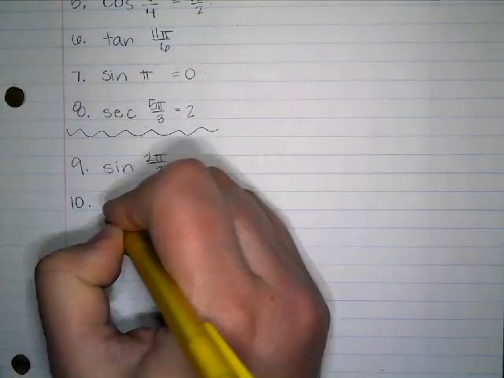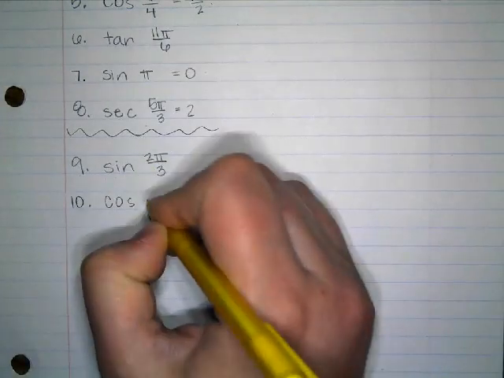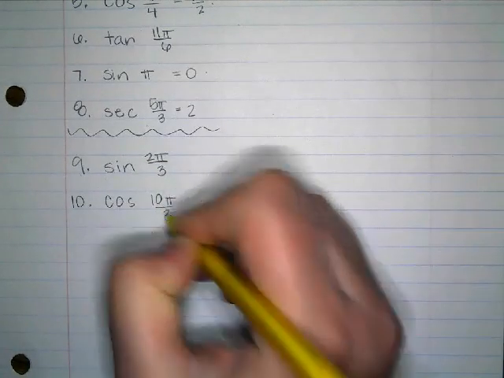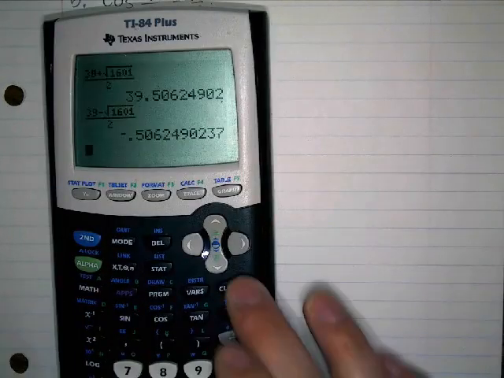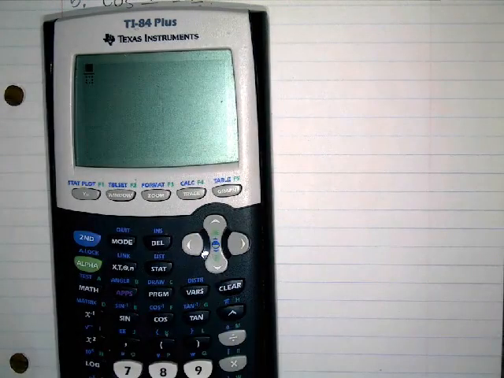All right, cos 10 pi thirds. You won't have a 10. How could we use a calculator to help us? Subtract 2. So we would do 10 thirds minus a whole circle, minus 2.